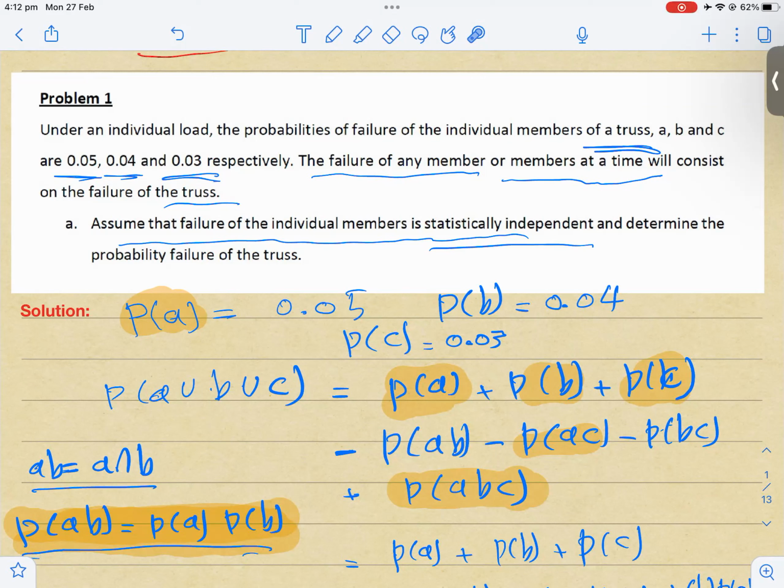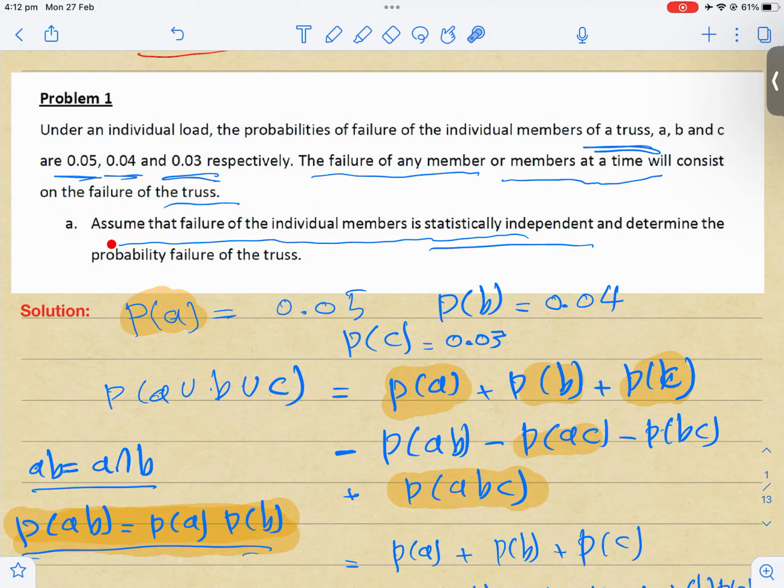All right, back to the question. The failing of any of the docks A, B, C, respectively, is written for us as 500, 500, 500s, 400s, 300s, respectively. The failure of any of them, as I said, will cause the failure of the whole truss. Okay.